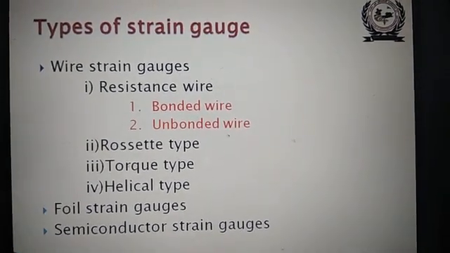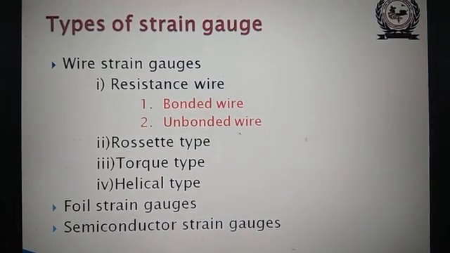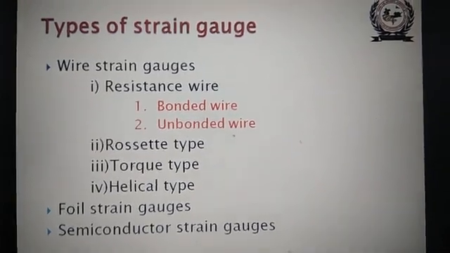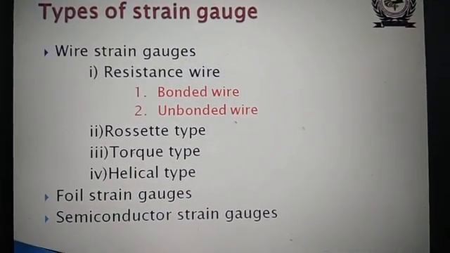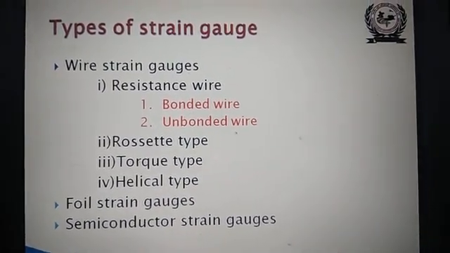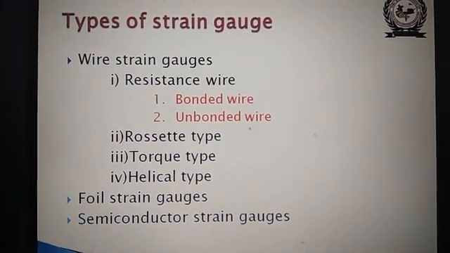Then we will go for the types of strain gauges: wire strain gauges, resistive wire, bonded wire and unbonded wire, rosette type, torque type, helical type, foil strain gauges, semiconductor strain gauges, etc. So these are the various types of strain gauges.